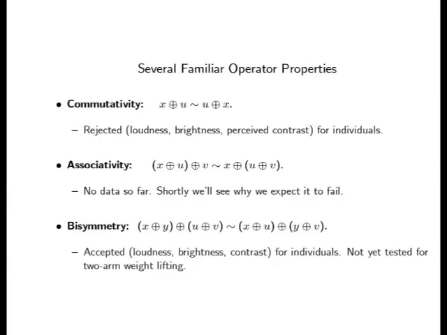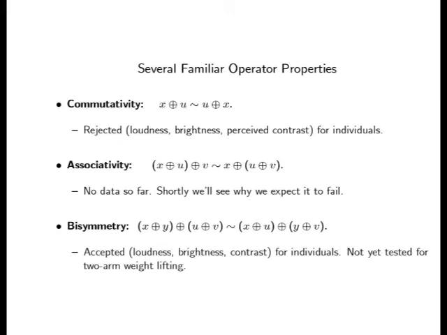Some familiar properties of operators we looked at. Commutativity was one, and we rejected that for all the binary domains we've looked at. We have not looked at weightlifting, so presumably that would be. Associativity we haven't looked at, and we'll see in a minute why not.